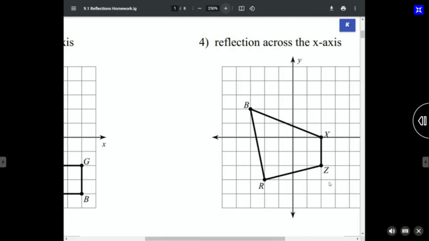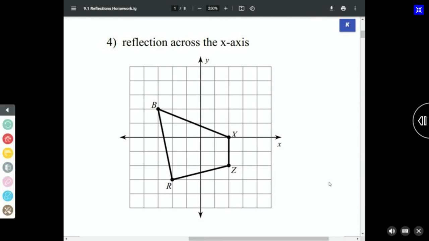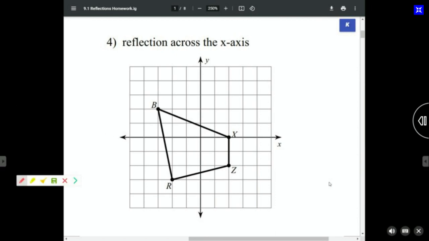All right. Looking at problem 4. We're going across x, right? So what's the rule? X stays the same. Y times -1. So when I'm going across the x, that means I'm going to be flipping up and down, right?